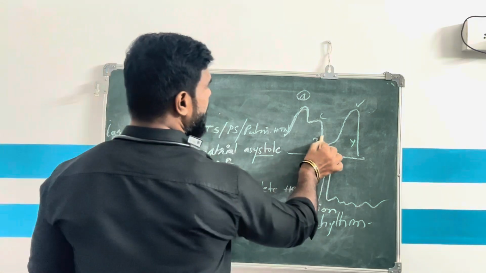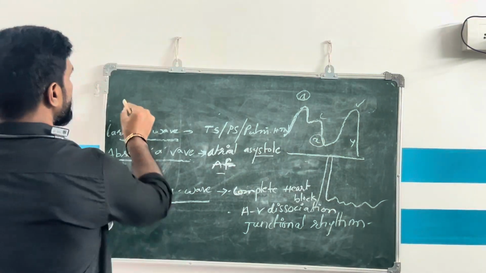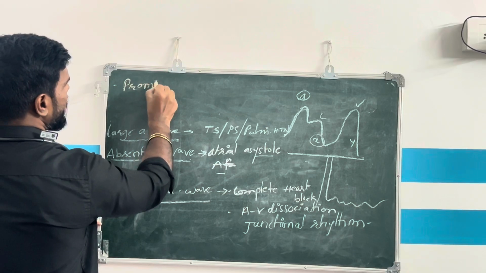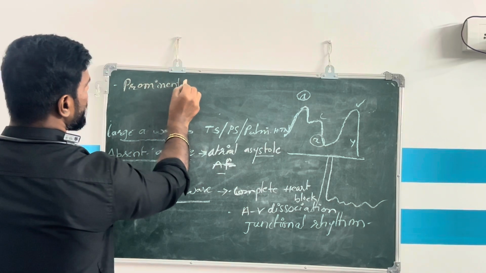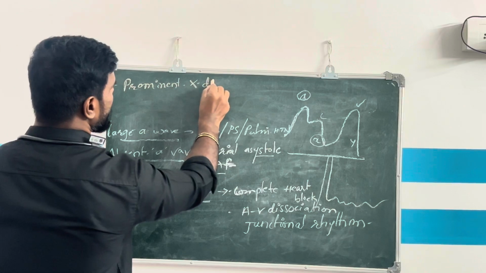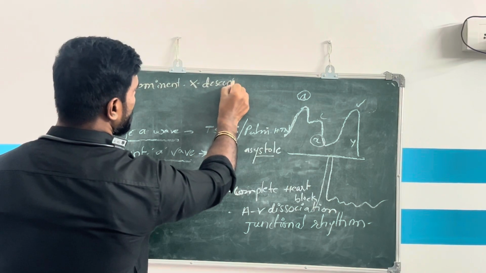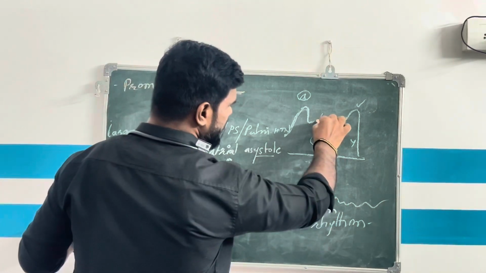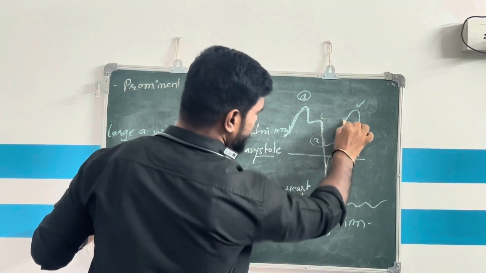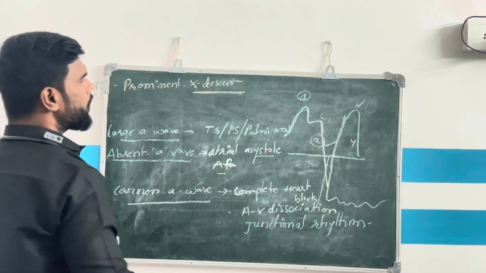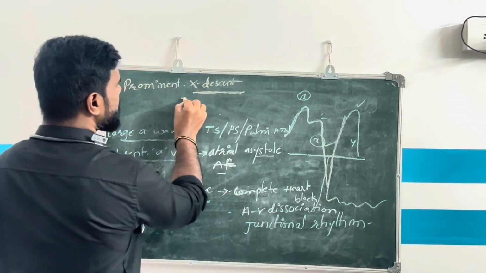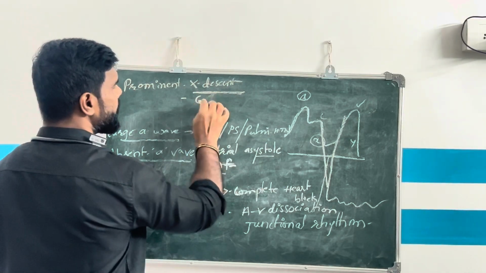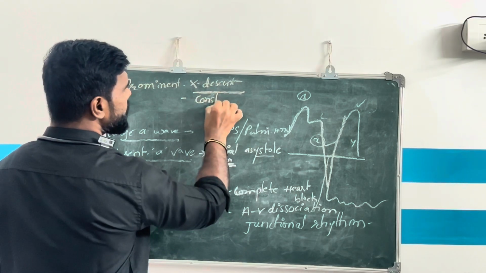Going to the X descent. The prominent X descent is present in constrictive pericarditis.